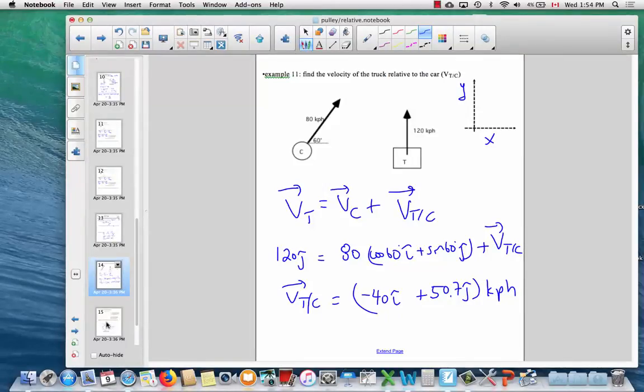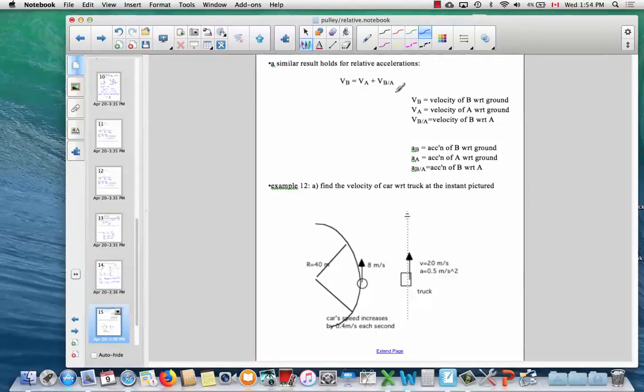Now, there is a similar relationship to relate acceleration. So this is the relationship between velocities, so we can relate accelerations. So A and B are frames of reference like the water and the ground, and this little a is the acceleration.